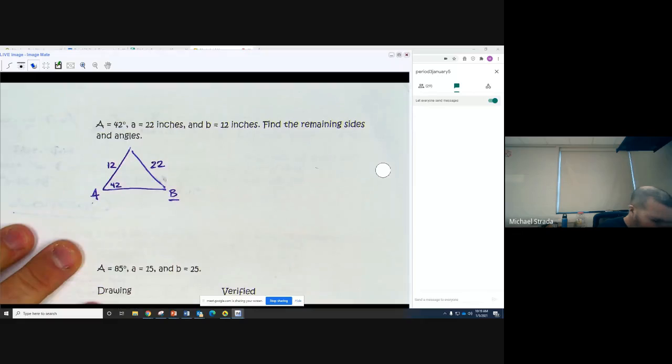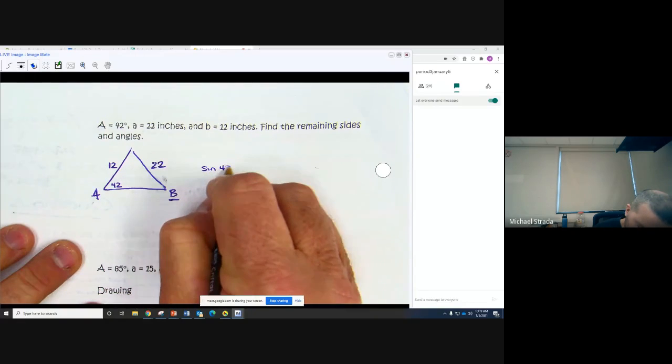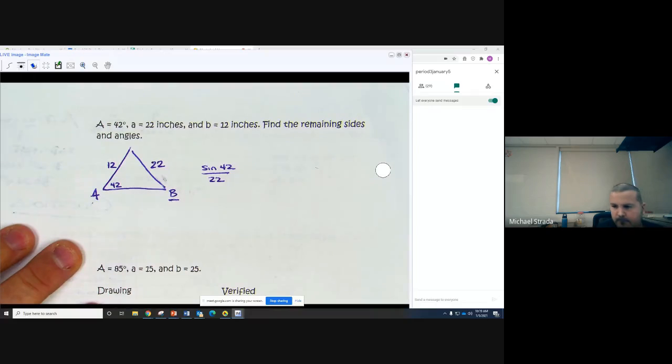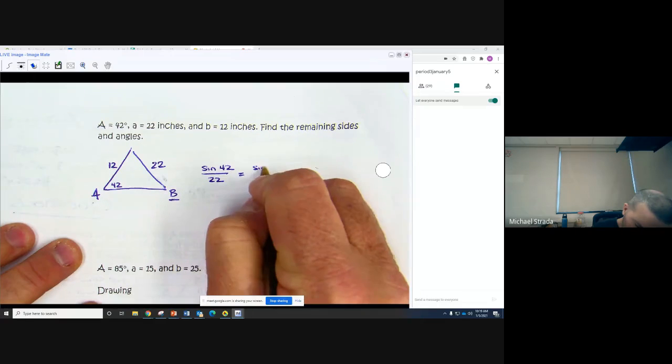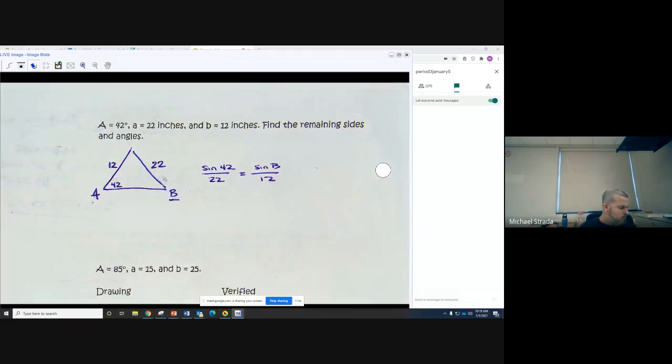All right. So the sine of 42, which is the measure of A, over 22 equals the sine of B over what's opposite it, which is 12. All right. Everybody good so far?